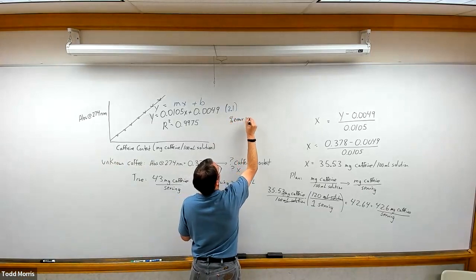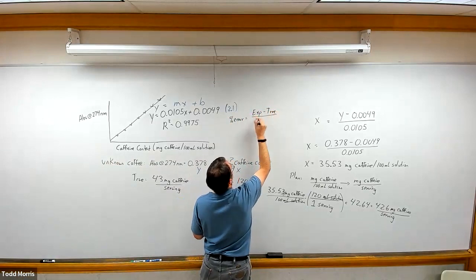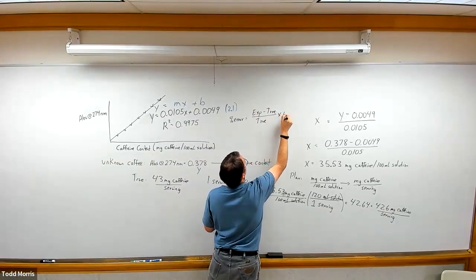Percent error, if you recall, is going to be our experimental value minus the true number, divided by the true number, times 100%.